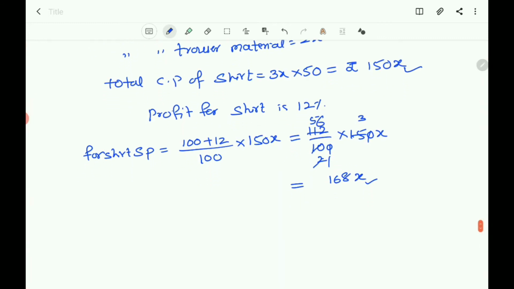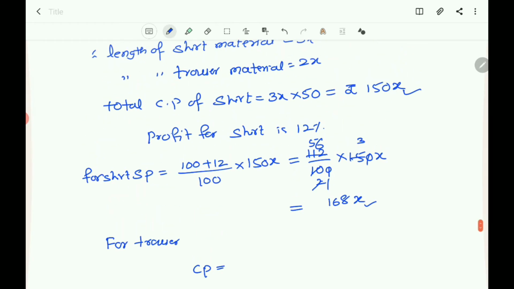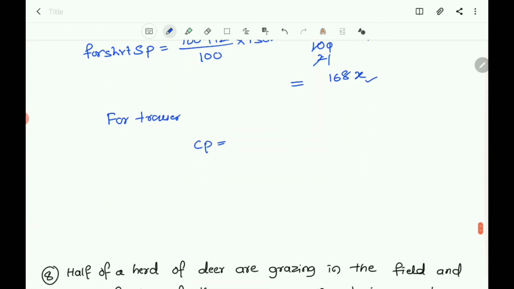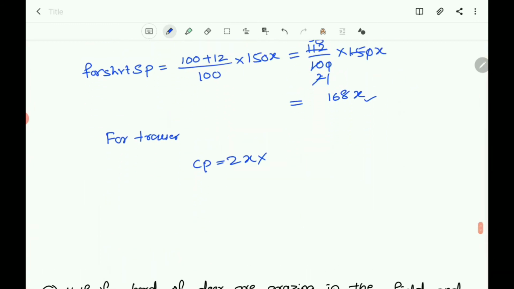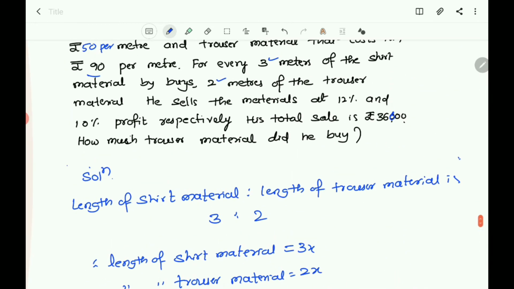Next, for trouser, CP equals the length 2x and the rate is 90 rupees.